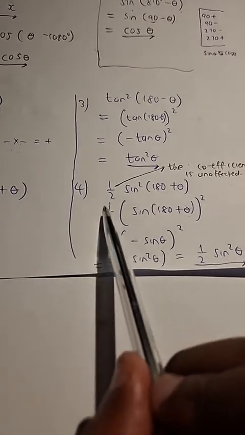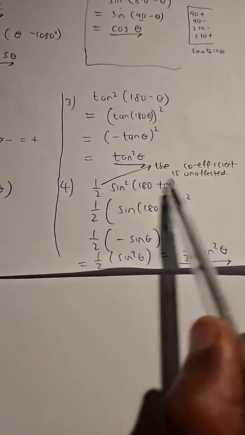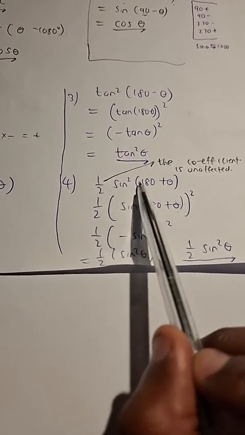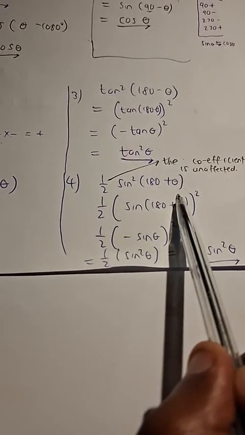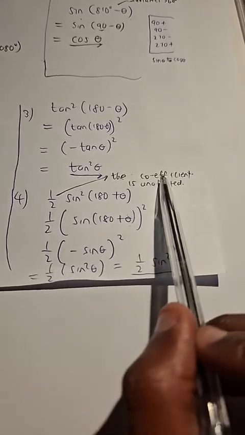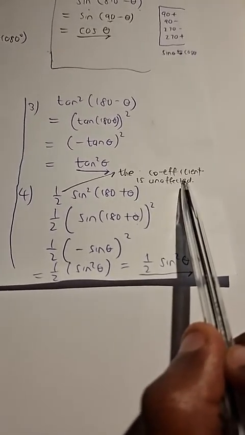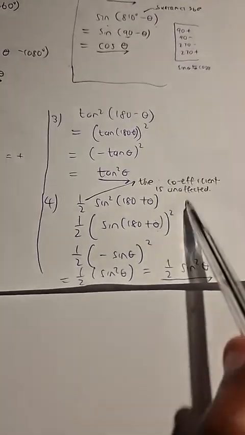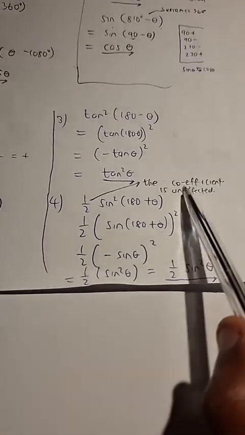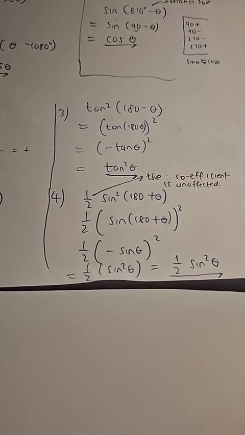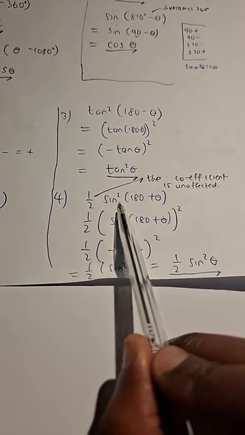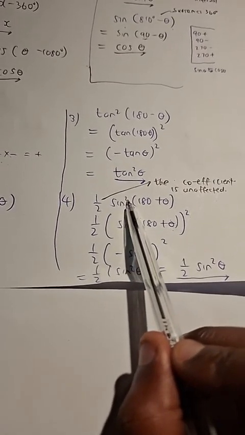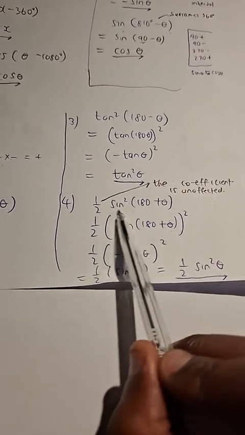If you see here, this half was not affected by the square, because the square only applies to the trig ratio, not the coefficient. So the coefficient is unaffected, and that's very important. Unless of course you had gotten a question where they had put a bracket around the square and it was for everything, then it would have been a totally different story. But just remember, whatever exponent is here, it will only apply to the trig ratio.